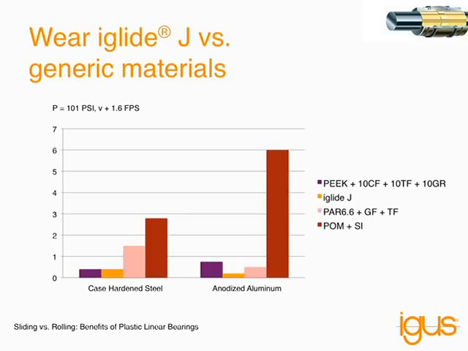It should be noted, PEEK was similar on case-hardened steel. The one thing I like to comment to that point is iGlide J is already tooled in industry standard linear bearing sizes, and PEEK is an expensive customizable type of plastic solution.